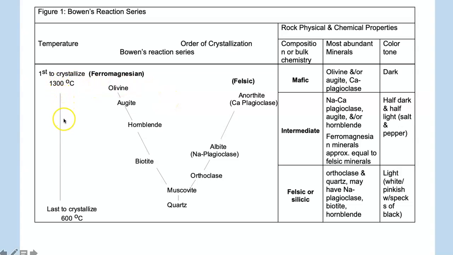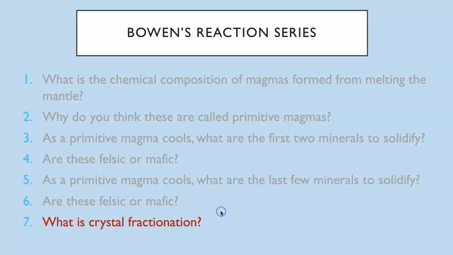As we continue to cool the entire system, more and more minerals crystallize out until finally at the coolest temperatures, the last minerals to cool and crystallize are felsic, muscovite and quartz, and then orthoclase is what I called potassium feldspar in the previous slide.